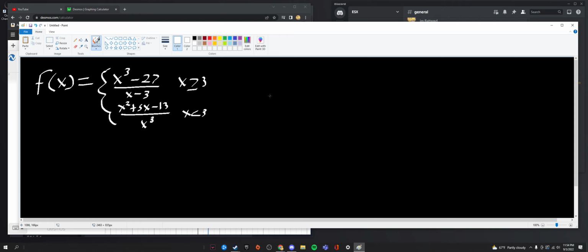Well, they're functions that take on different slopes as you cross intervals. So for instance, in this one, for every value that's 3 or greater for our x, we would use this equation to define the slope, and for every value that's less than 3, we use this equation to define the slope.